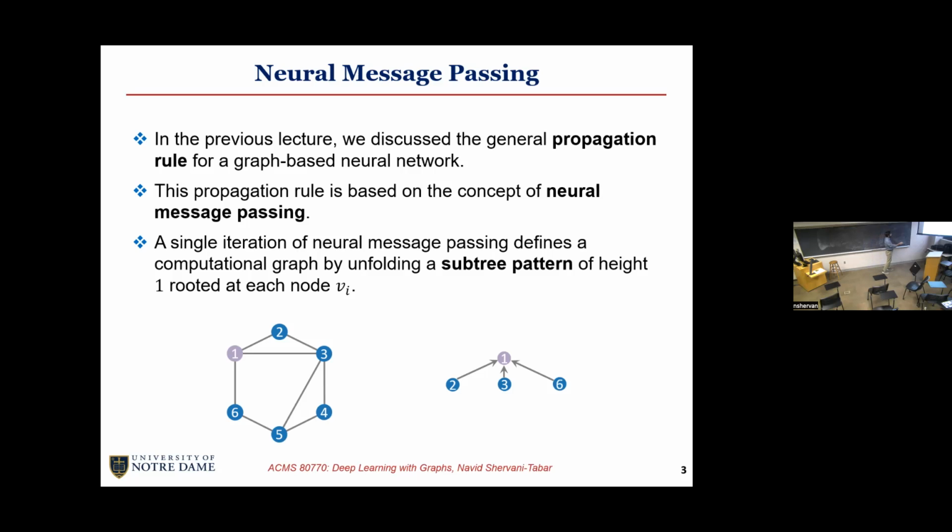In order to show one iteration of our neural message passing, we were trying to construct a subtree pattern rooted at the given node with the height as the number of iterations of our graph neural network. So let's say that if I have a single iteration of neural message passing, my information at node 1 are the messages coming from its neighbors, and I can represent that using this subtree pattern with height 1, right?